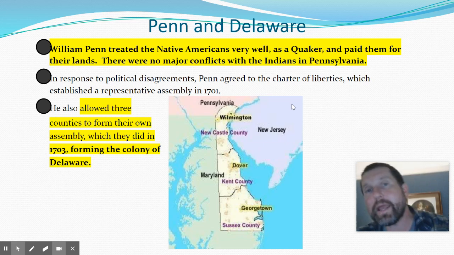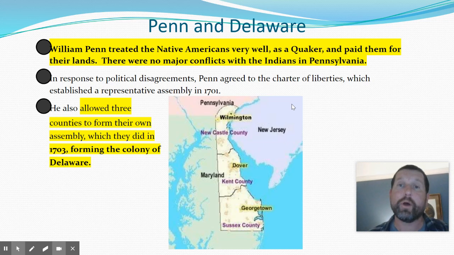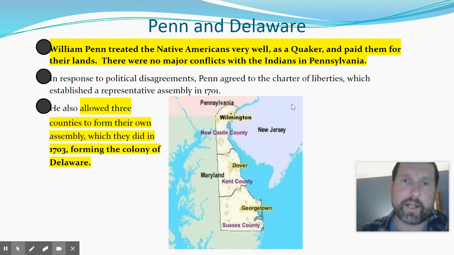Penn actually goes on to allow counties within Pennsylvania to form their own colony. Again, this is kind of in the ethos of being a Quaker, and thus we have 1703, the forming of the colony of Delaware.